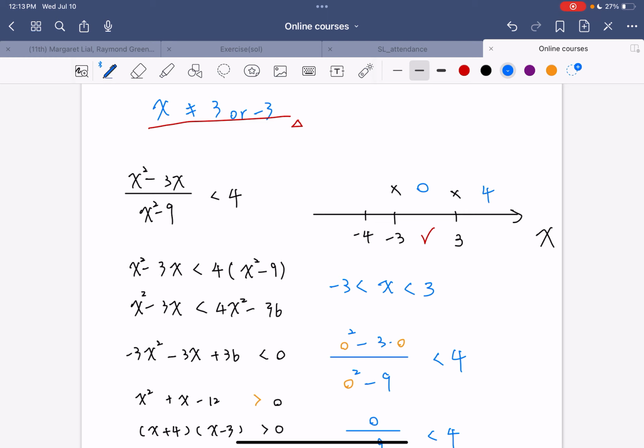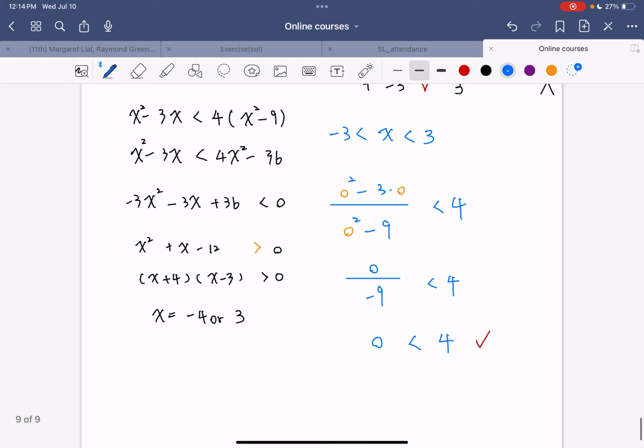And for this one, we're going to take minus 7 divided by 2. That is minus 3.5. Okay.